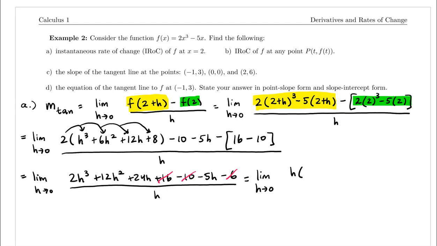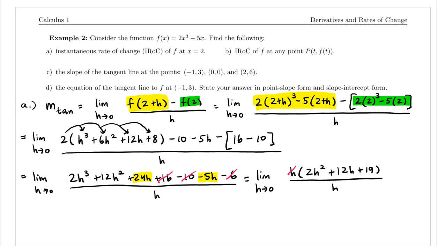So I'm going to factor out h from the numerator, and that leaves me with 2h squared plus 12h. These are like terms, so I have a 24h and a minus 5h. If I combine those, that would be 19h, and so I think that could just leave me with 19 there. And then we have h here.